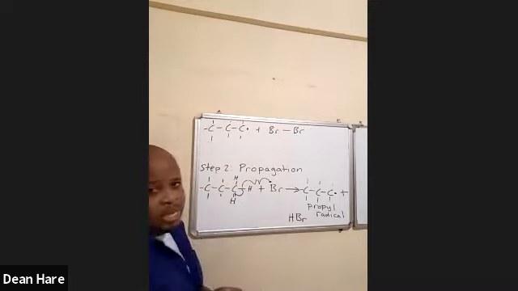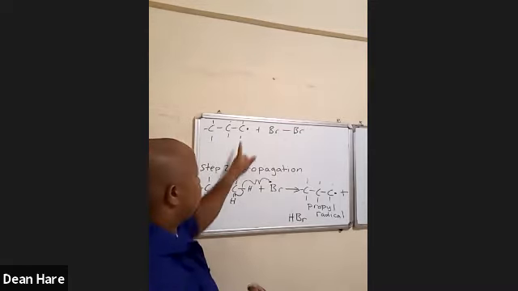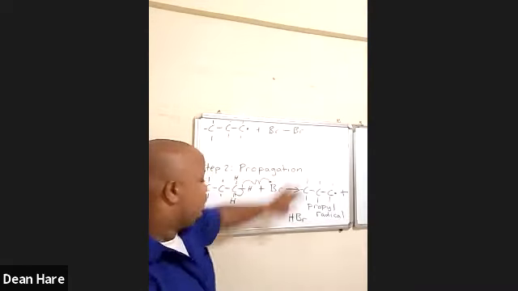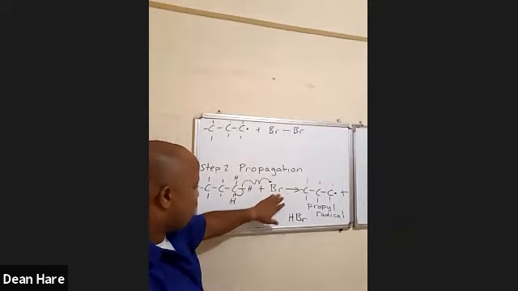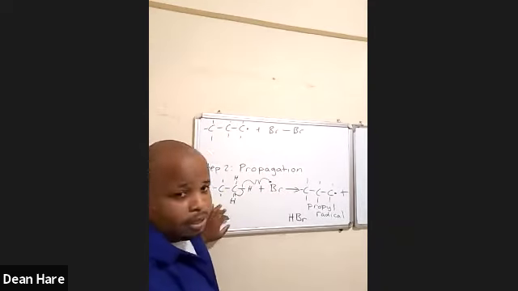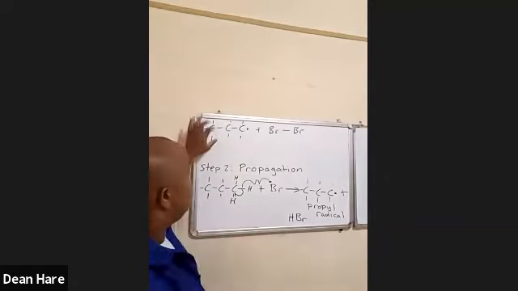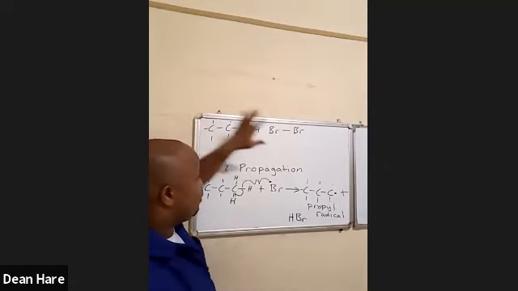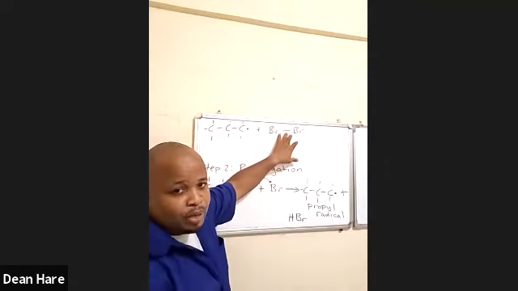So we always have a radical attacking a molecule. Here, the bromine radical attacks the alkane molecule, and now the alkyl radical is going to attack a bromine molecule.